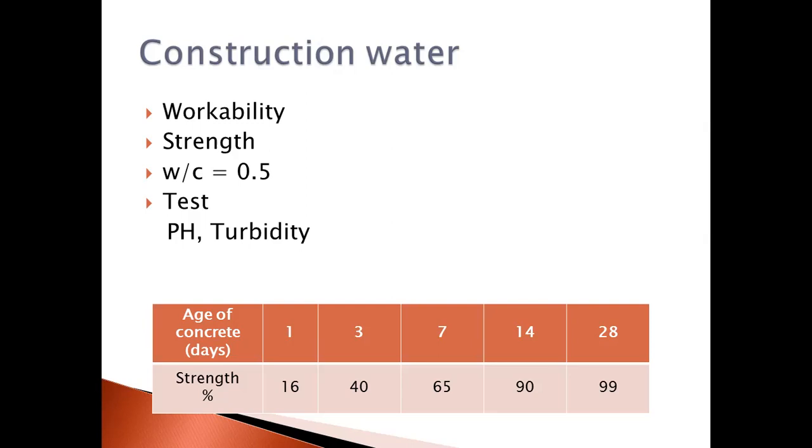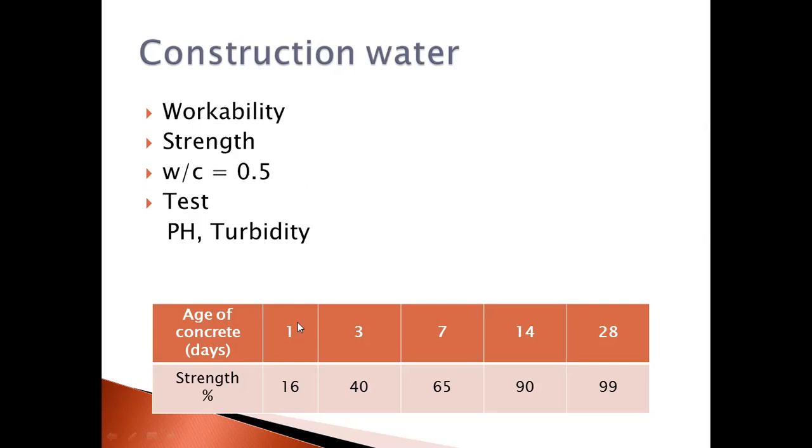Curing means we will water the cement surface, whether it is for the mortar, or for the plaster, or for the PCC, or for the RCC. So why do we cure? That is because of this. See, the age of the concrete.